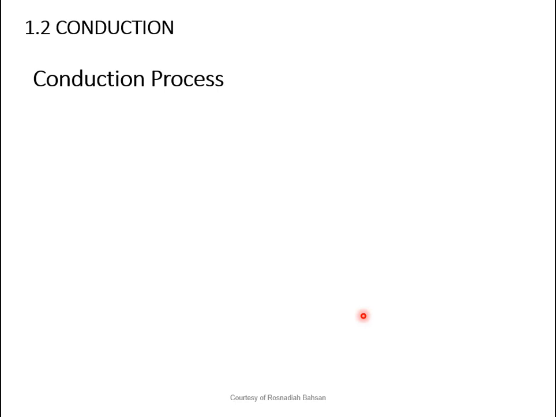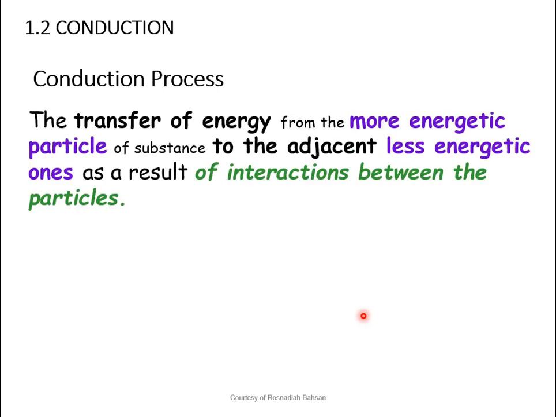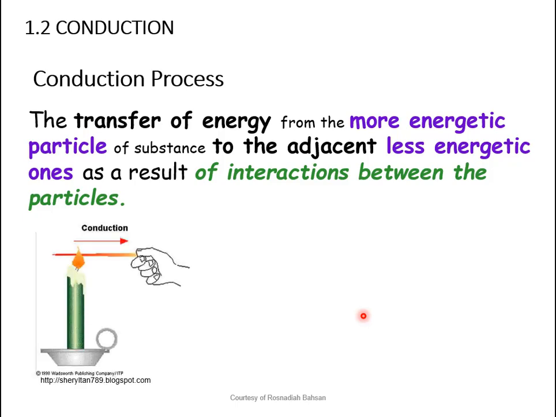What is conduction in definition? The transfer of energy from more energetic particles of a substance to the adjacent, the closest, the nearby less energetic ones as a result of interaction between the particles. That is the definition for conduction.